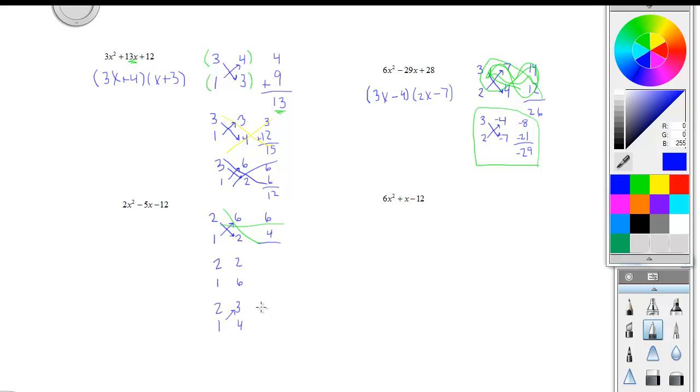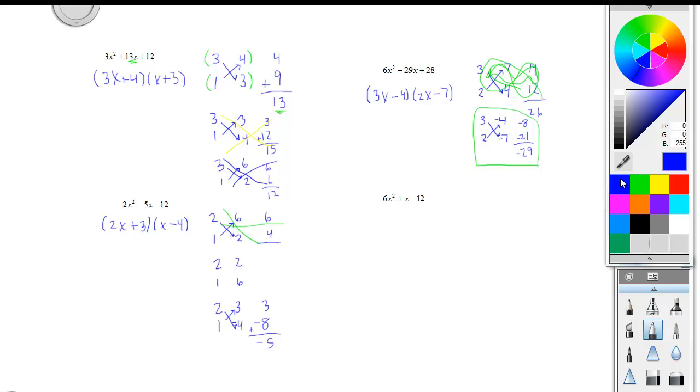Let's see. If we do 3 and 8 and I know they need to equal -5, so I'll need this to be a -8, which means this will be a -4, and when I add those together, I'll get -5. So then my factors are 2x plus 3 and x minus 4.